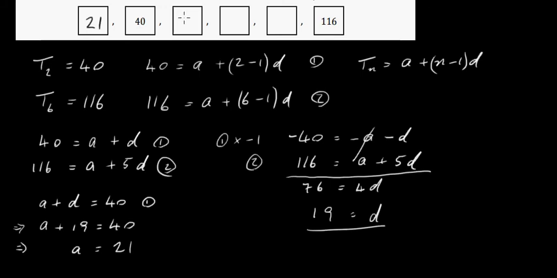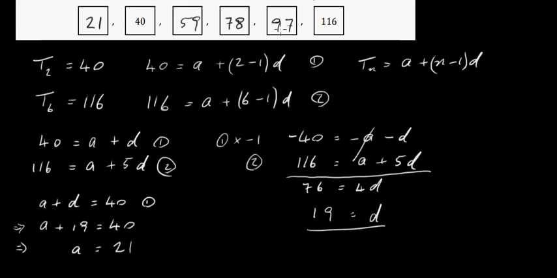Add 19 to 40, you get 59. Add 19 to 59, you get 78 here. Add 19 to 78, that's 88, 98, sorry, 78, 88, 97, yeah, 97 here.